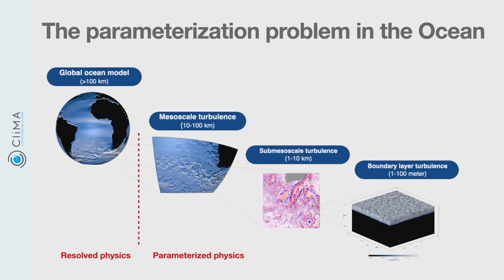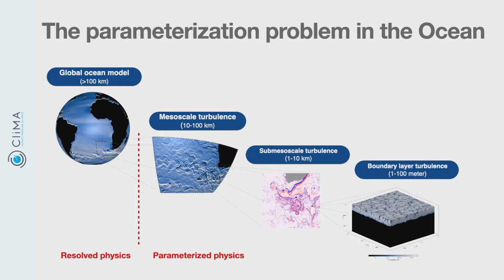This is directly solved by basically all ocean models. And then we have all the turbulence processes going down to 1 meter scale. In particular, we have mesoscale turbulence, which is basically those large geostrophic eddies that are caused by a balance between pressure gradients and the Coriolis force, the rotation of the Earth. And these eddies are responsible for most of the lateral heat transport in the ocean.